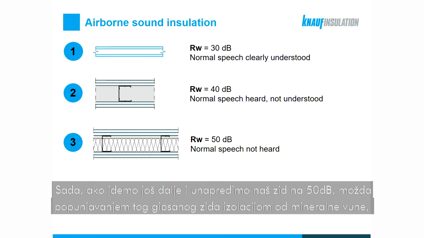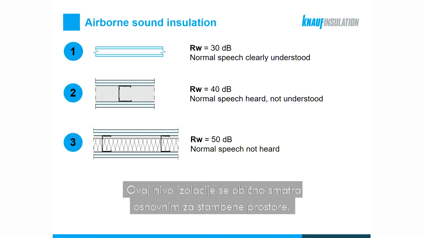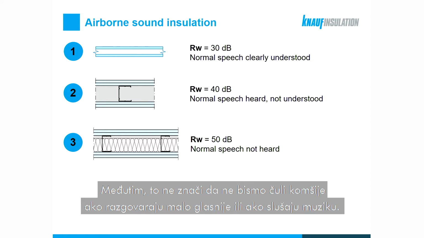Now, if we move even further, we upgrade our wall to Rw of 50 decibels, maybe just by filling this dry wall with the mineral wool insulation, we come to the point where the normal speech is no longer heard. And this level of insulation is usually considered as the basic for residential spaces. However, this does not mean we will not hear the neighbors if they talk a bit louder or if they decided to play some music.